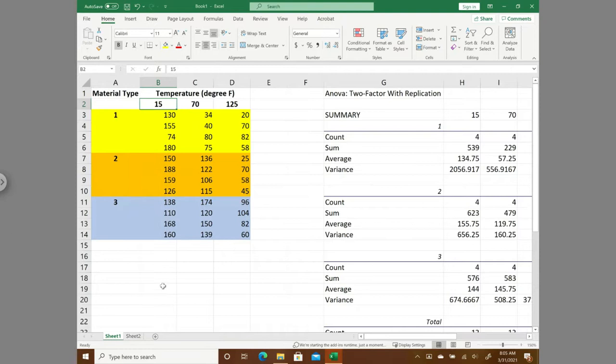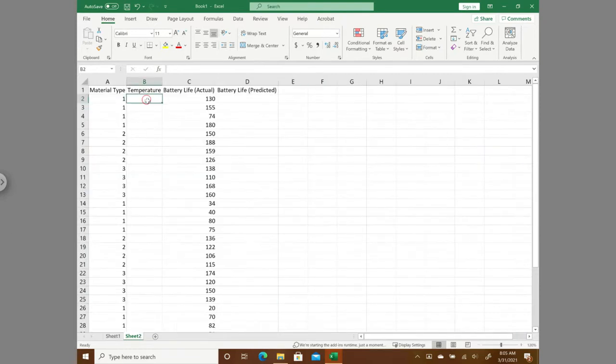The temperature was 15 degrees Fahrenheit. So we'll have to repeat that 15 twelve times. For the next 12 experiments, the temperature was 70 degrees Fahrenheit, so we repeat that for the next 12.